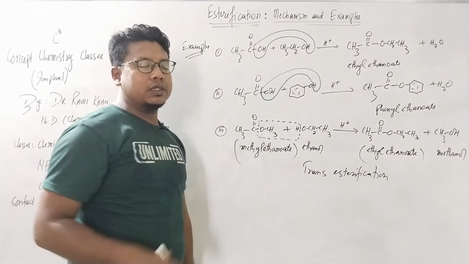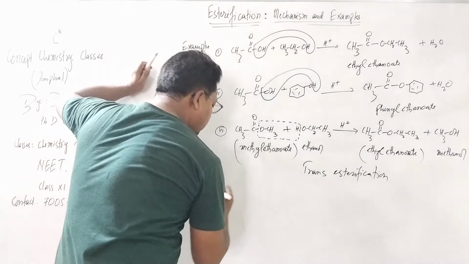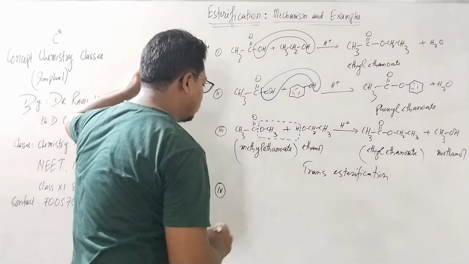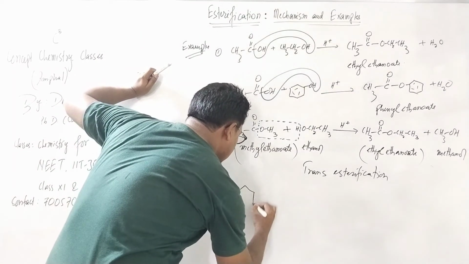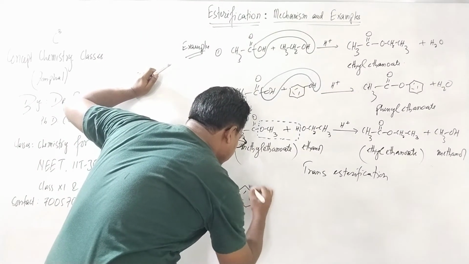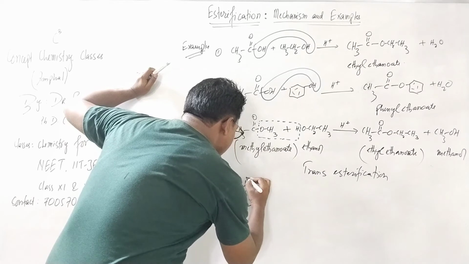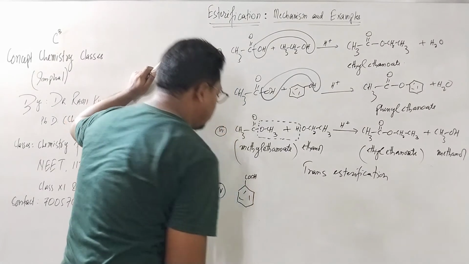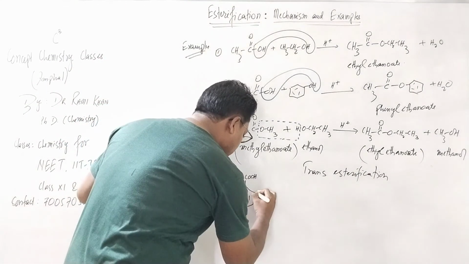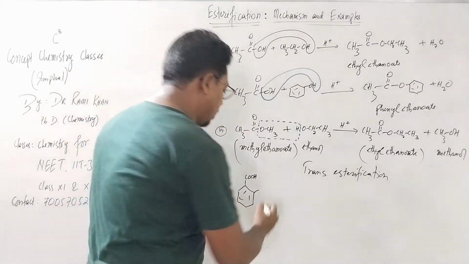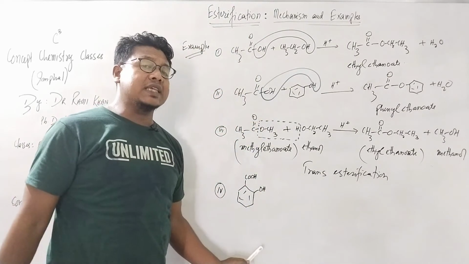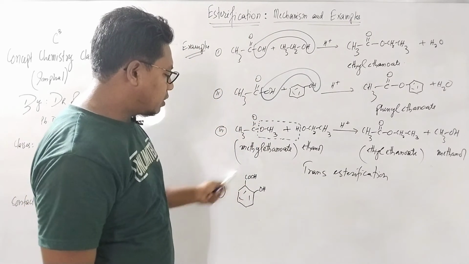An example which is given in NCERT, let me write that example. In the fourth example, this is our benzoic acid, and to this, in its ortho position, I am attaching OH, right? This is called salicylic acid, 2-hydroxy benzoic acid.